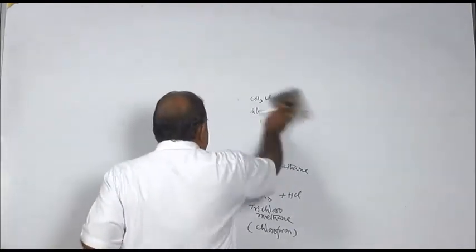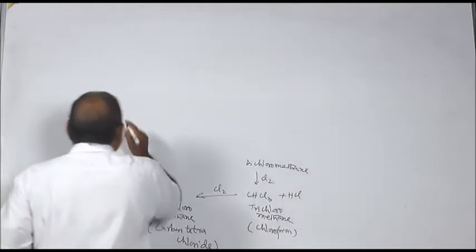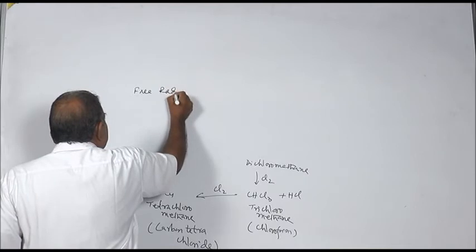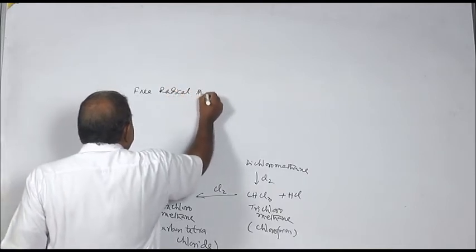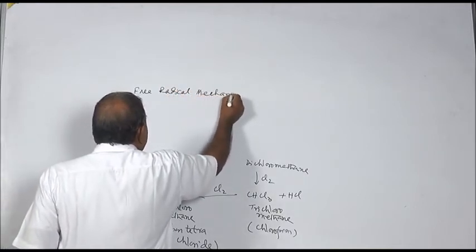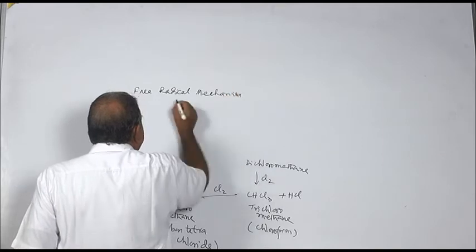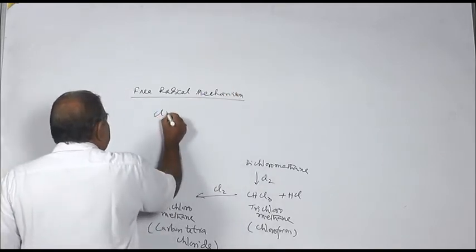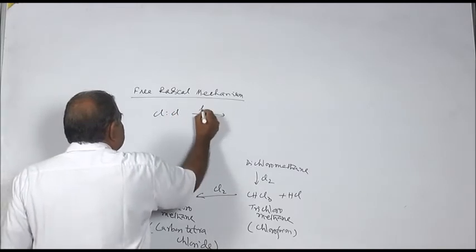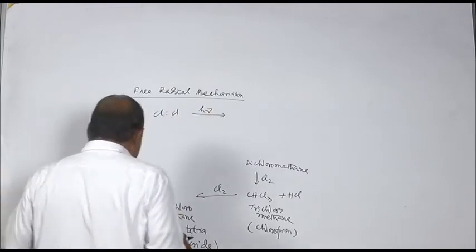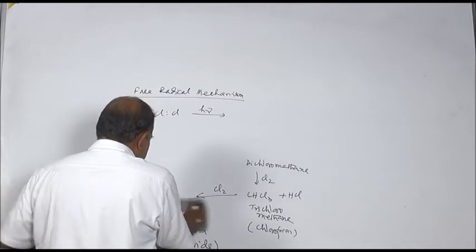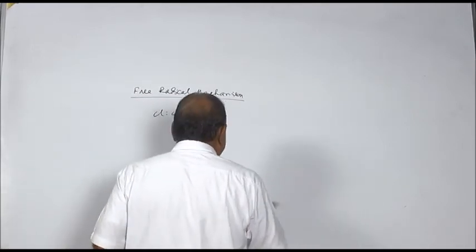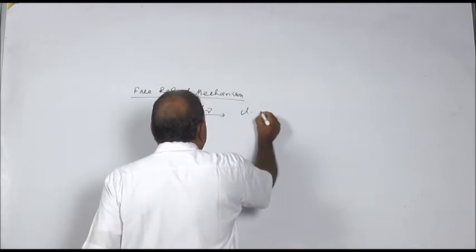Now this reaction proceeds by free radical mechanism. So chlorine in presence of hν, which stands for sunlight, undergoes homolytic fission, gives you 2 chlorine free radicals.